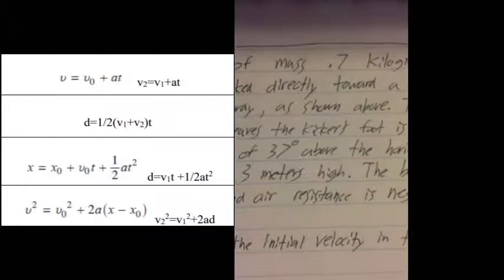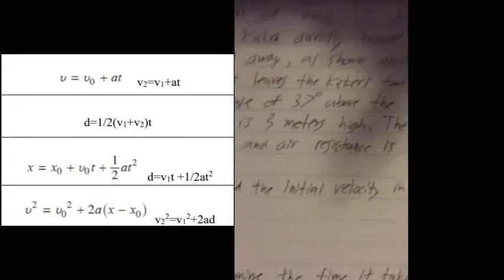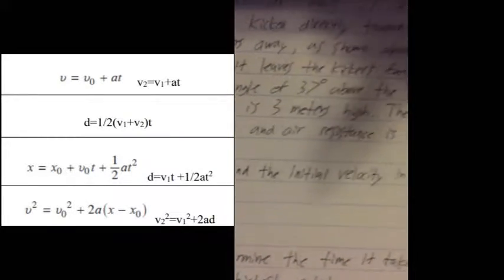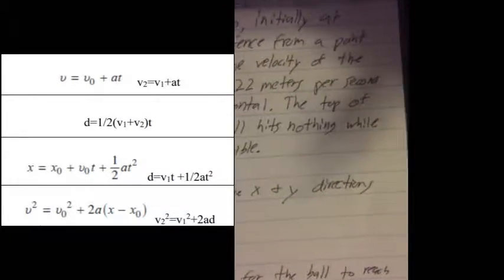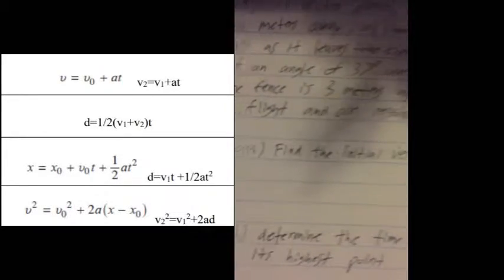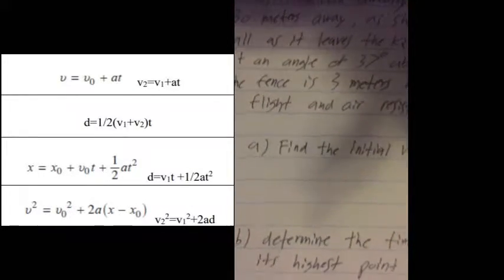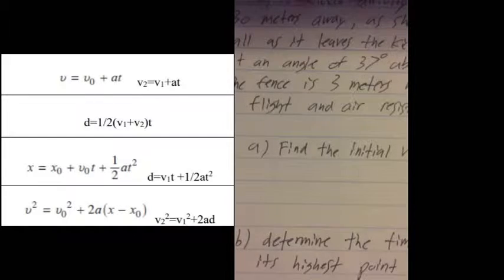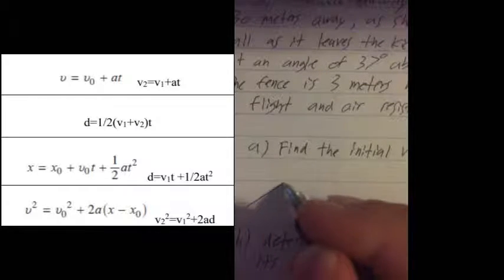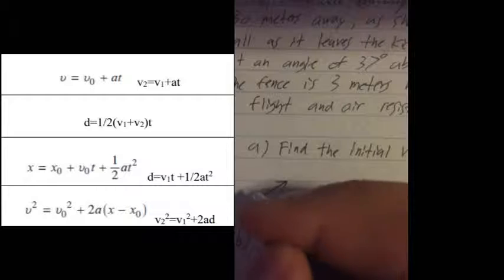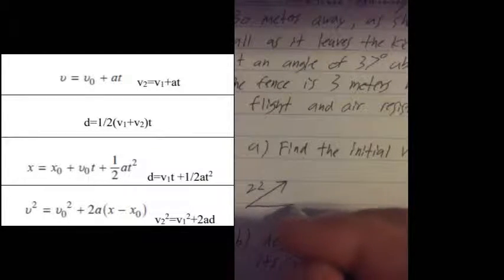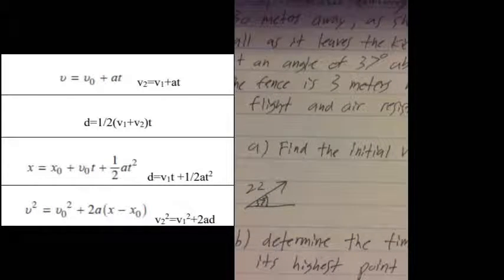And the very first problem that it wants you to do is to find the initial velocity in the x and y directions. So this is what we call splitting the components. So you have a 22 meter per second velocity, like this, 37 degree angle, right?